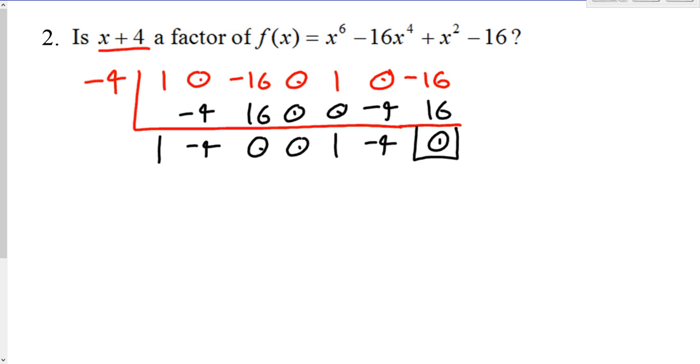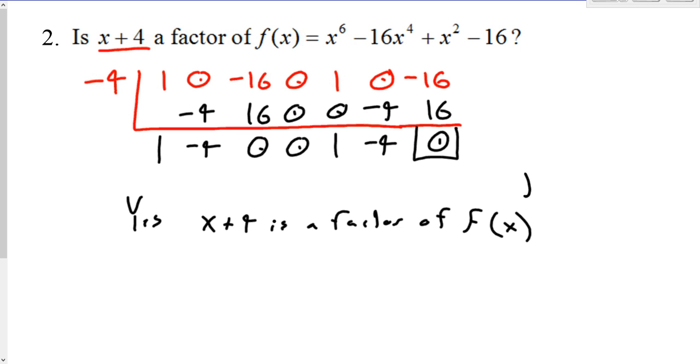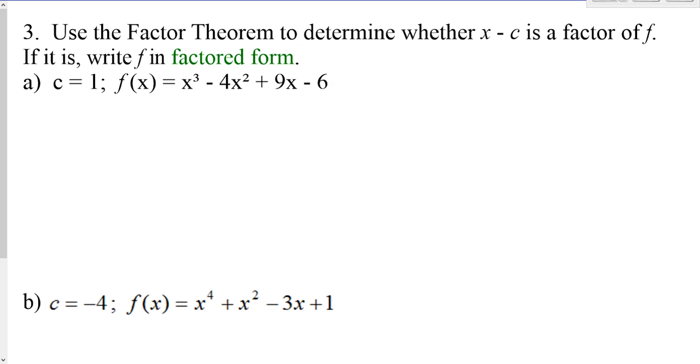Therefore, I know it's a factor. So yes, x plus 4 is a factor of f of x, because I got a remainder of 0. I divide something by its whole piece, and I get a remainder of 0, it's a factor. Example 3.